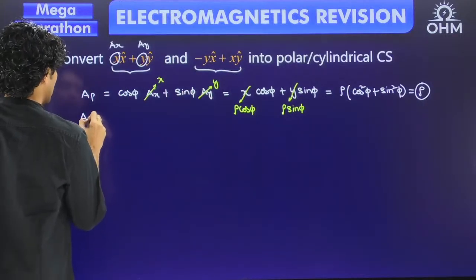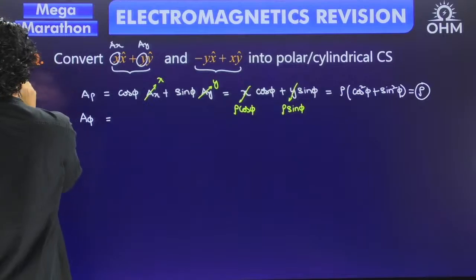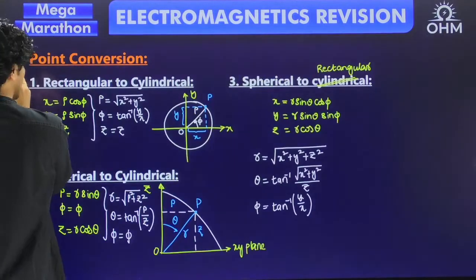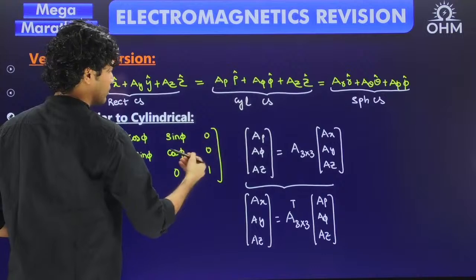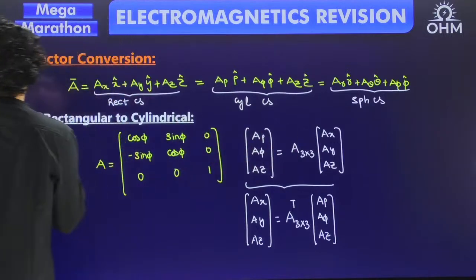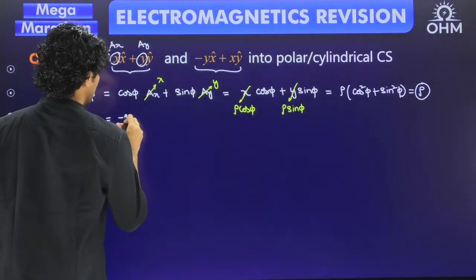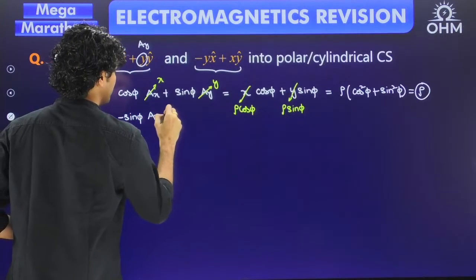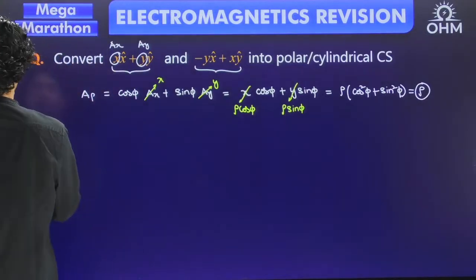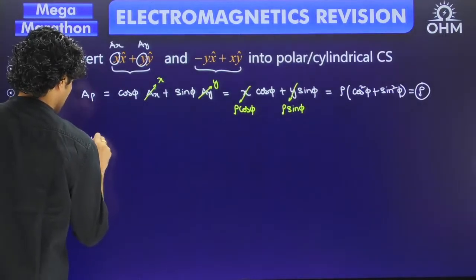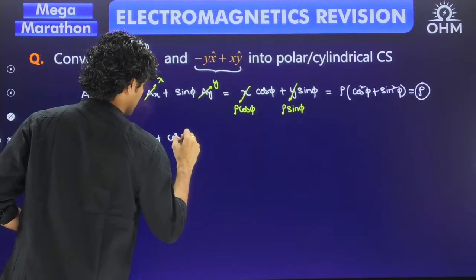What about the a phi component? According to the matrix that we have discussed earlier, the second row gives a phi equal to minus sin phi times ax plus cos phi times ay.